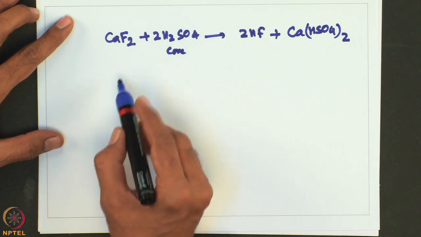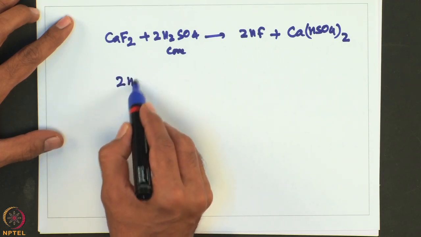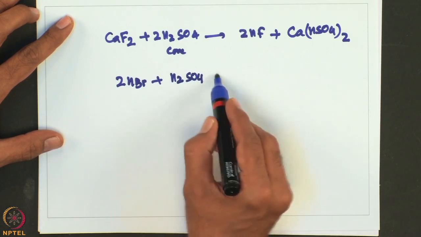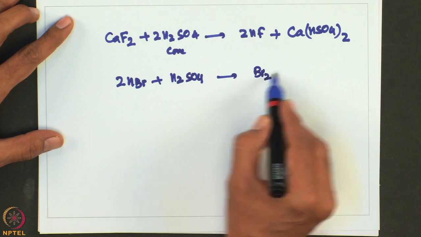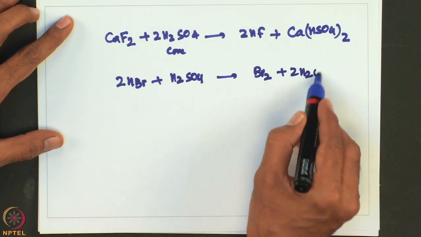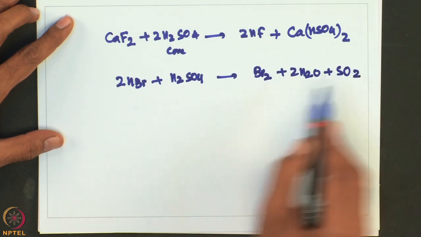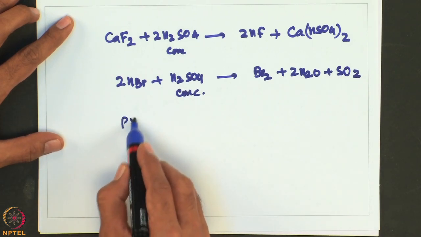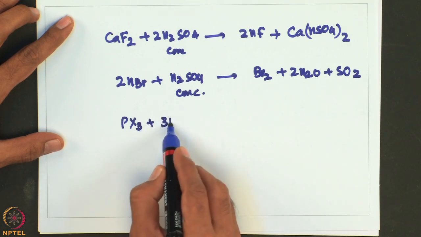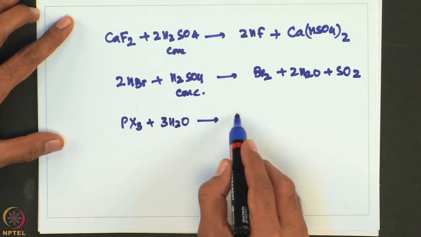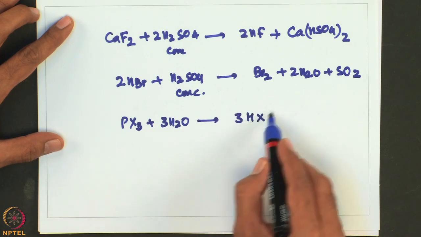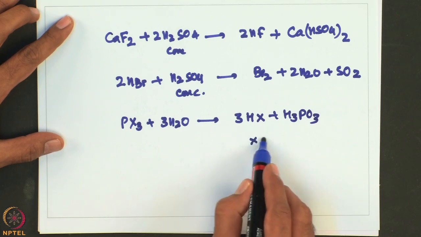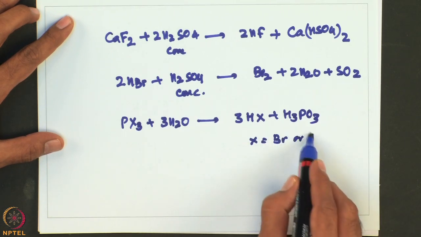Similarly, 2HBr plus H2SO4 gives Br2 plus 2H2O plus SO2, and PX3 plus 3H2O gives 3HX plus H3PO3, where X equals bromide or iodide.